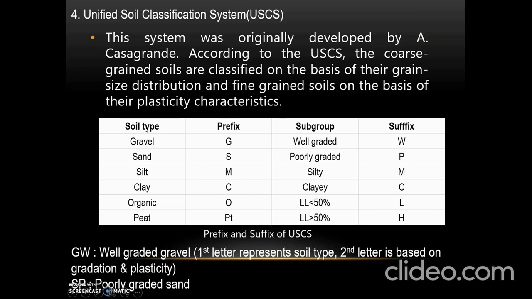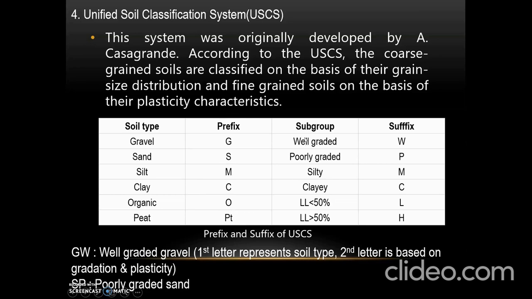So here we can see the soil type, that is gravel, sand, silt, clay, organic and peat. Prefix used for gravel is G, that is the first letter. Similarly for sand it is S. For silt it is not S but it is M. For clay the first letter is C. For organic the first letter is O. And for peat, PT is used as the prefix.